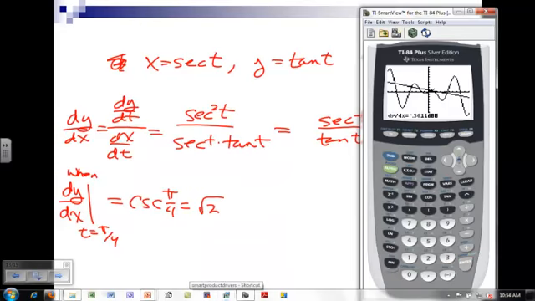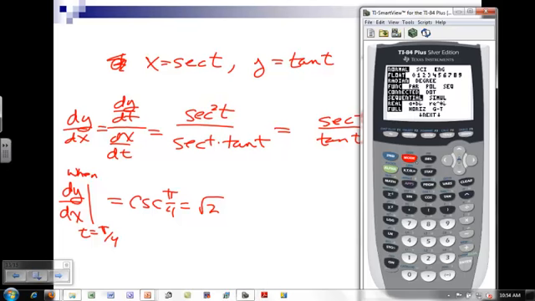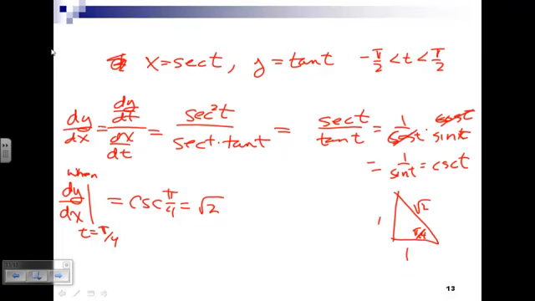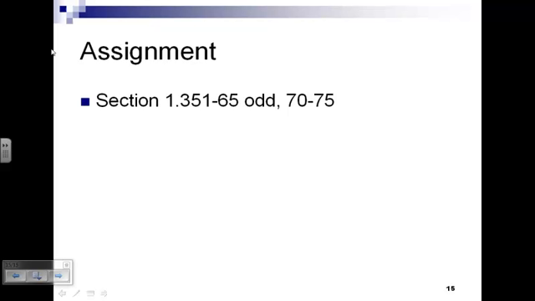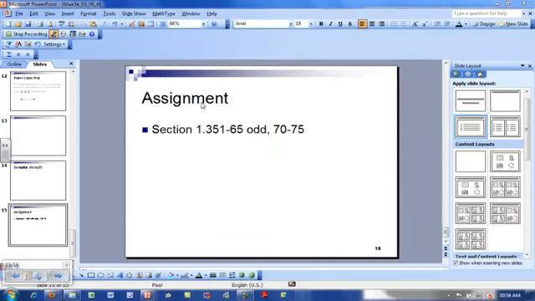Let's confirm that. Did I already give you your assignment? Because we're going to run out of time. All right, I'm going to give you your assignment, and then I'm going to confirm that answer. Whoa, 1.35, that's not right. It's 1 through 65 odd. Oh, God. Mr. Fedor, hold on.